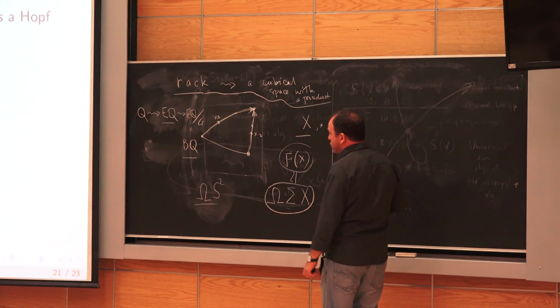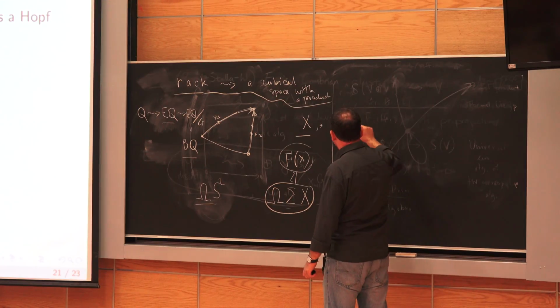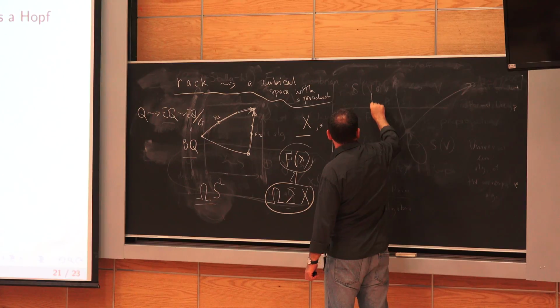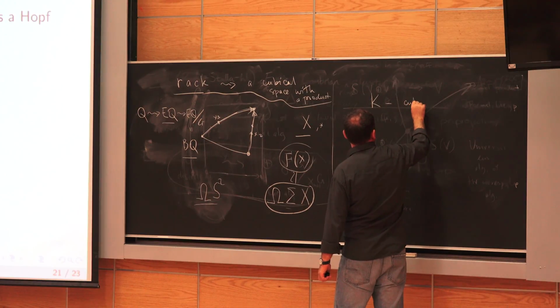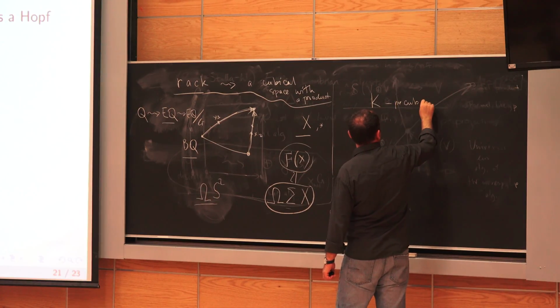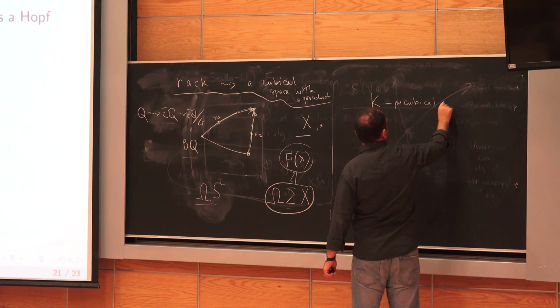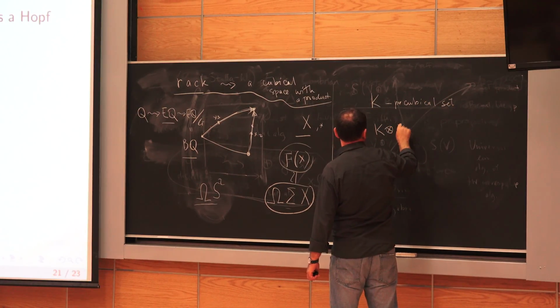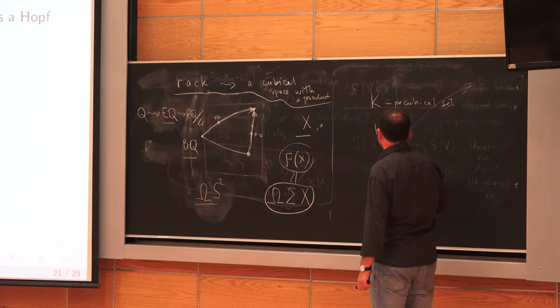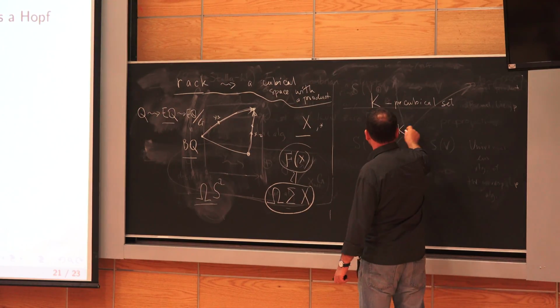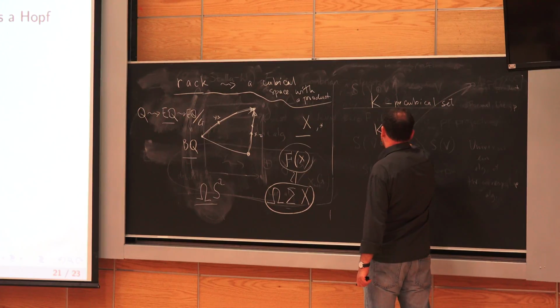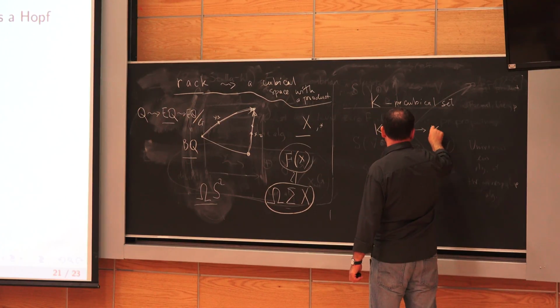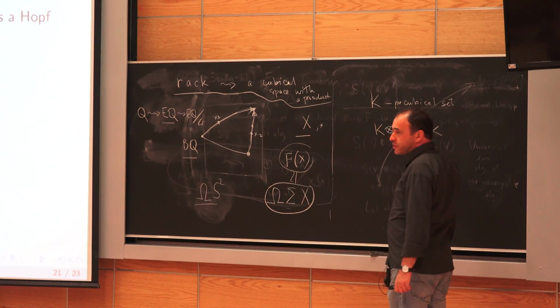Suppose we have a pre-cubical set K together with a multiplication. The Cartesian product on the level of pre-cubical sets, people like to write it as a tensor product, just to distinguish it from the categorical product.